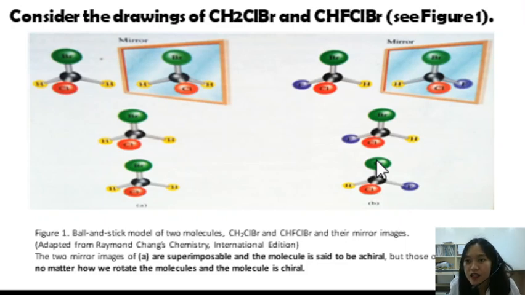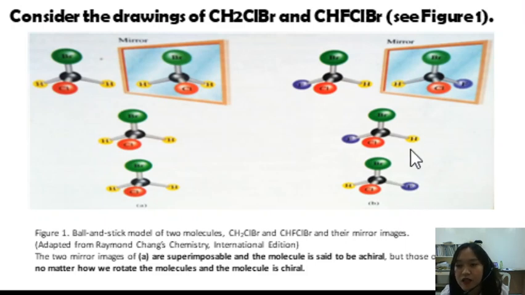On the other hand, you have CHFClBr. So, mirror image nila. So, unahin natin yung bromine. So, on top pa rin. Cl on top pa rin. But, dito sa right side, you have the fluorine on the left side. And then, sa kabila, sa mirror image, ang fluorine nalipat sa right side.